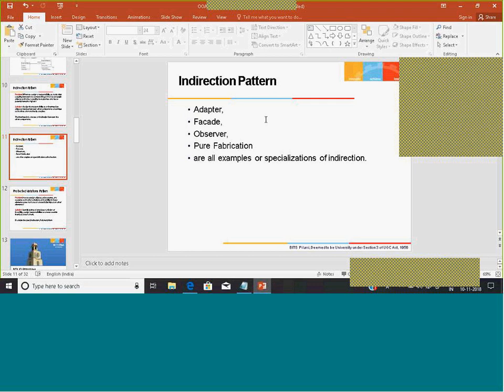So if a particular subsystem changes, my client is unaltered. It will be the facade which has to be redesigned to accommodate the subsystem. The client is decoupled, since it is only interacting with the facade object. So this kind of indirection helps to introduce an object between heavily coupled objects so as to reduce the coupling between the two.